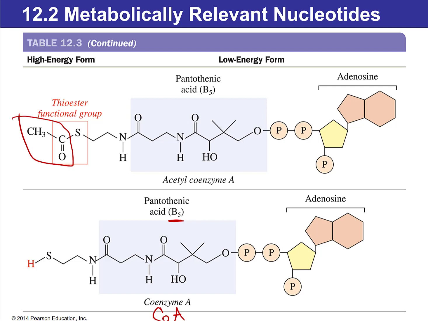Glucose is made of 6 carbons. In the processing, CoA is going to clip 2 carbons off of our glucose molecule, and that's what we can use to further break down and make carbon dioxide. So this 2-carbon unit comes from glucose.